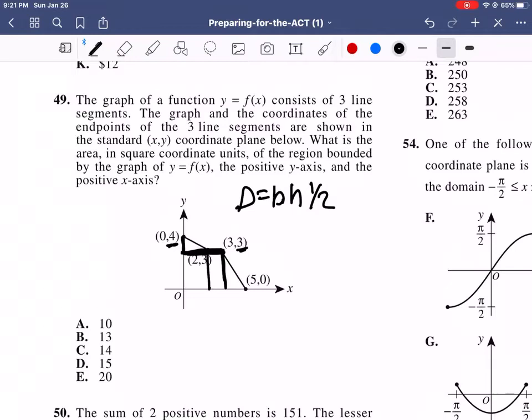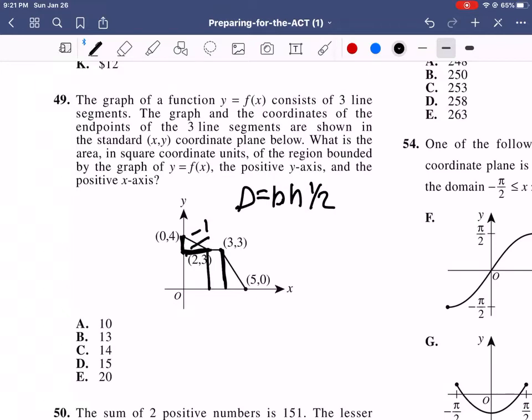And so this is 2, because it shows right here it stops at 2. So this is 1 and this is 2. So 2 times 1 divided by 2 is 1. This is 1 unit squared.